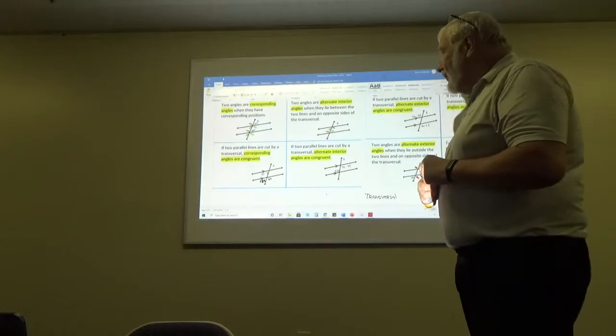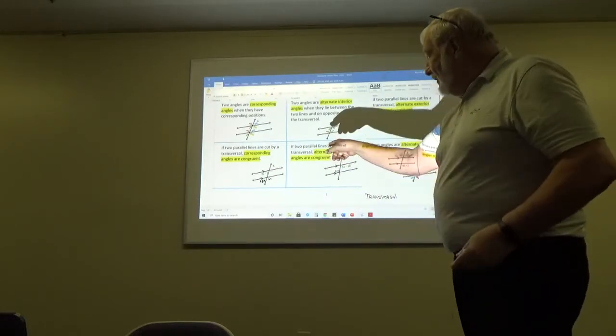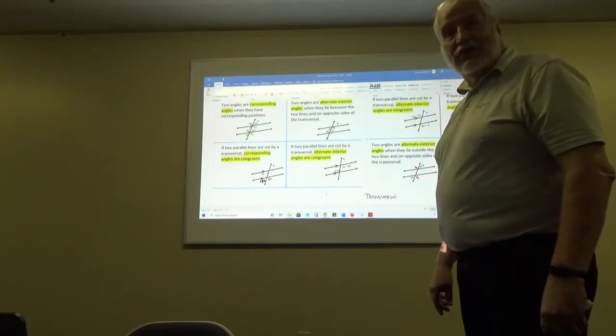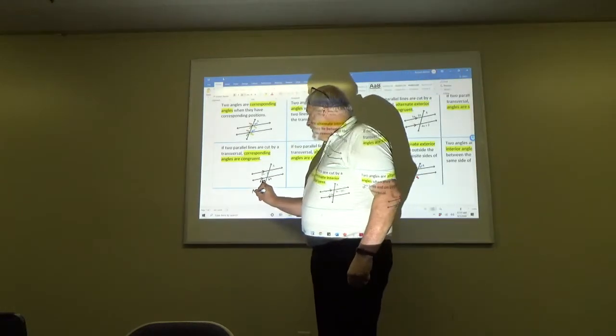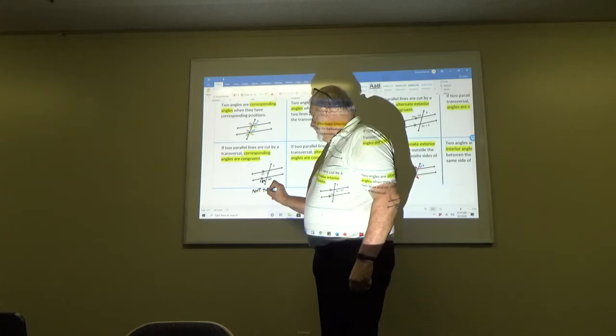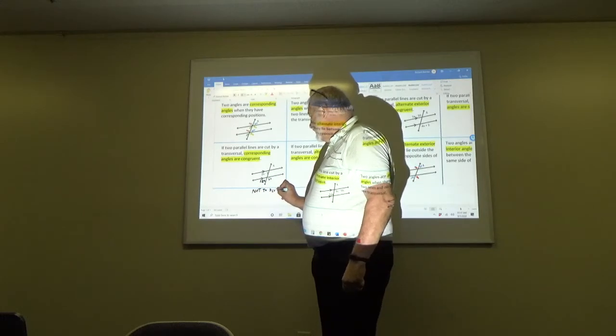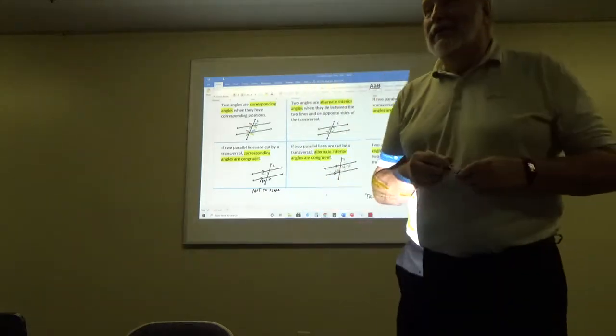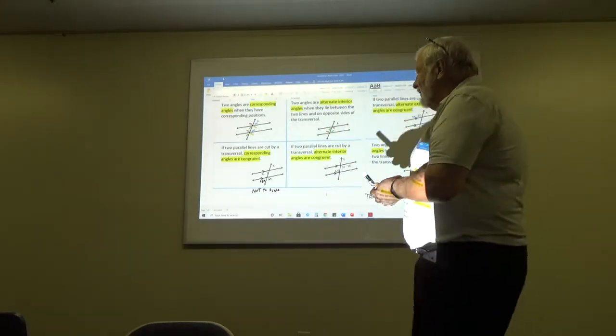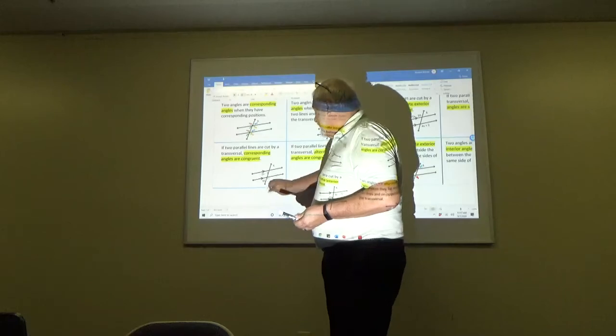Yes. So therefore, they can be right, but it doesn't look like it based on the picture. And so you just write, not to scale, which means you can't go by how it looks, you have to go by the given values. You do the same thing with the right angle.